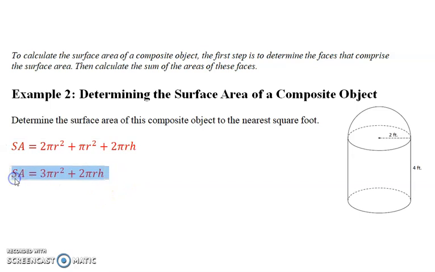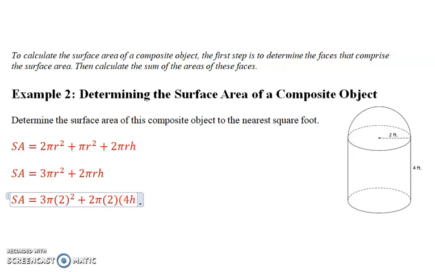So now we're just going to substitute our values in. So we got our radius, which is 2, and our height, which is 4. Okay? There we are. So now we'll multiply and then add these together.